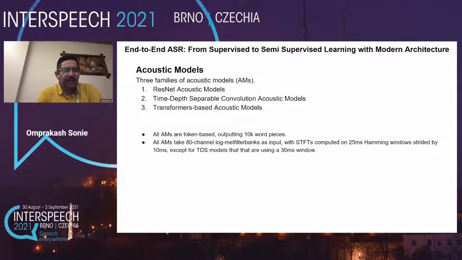In case of TDS models, the window is 30 milliseconds, but in case of ResNet and transformer, it is about 25 milliseconds. So this is the setting.